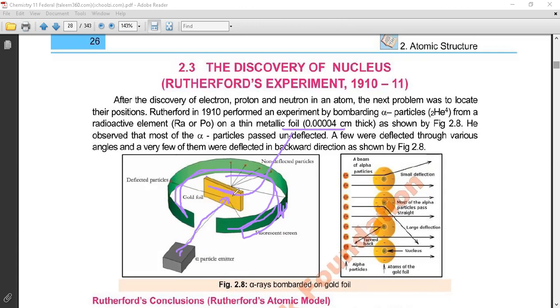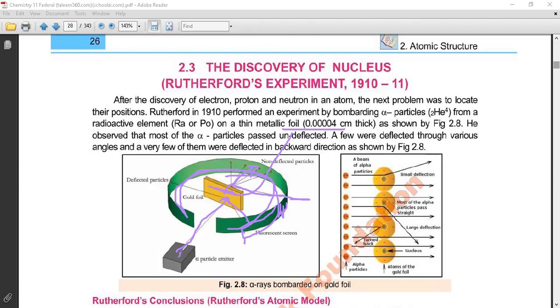Almost all of the particles passed through and remained undeflected. Only some were deflected sometimes, and very few particles came back, striking over here and causing a glow.